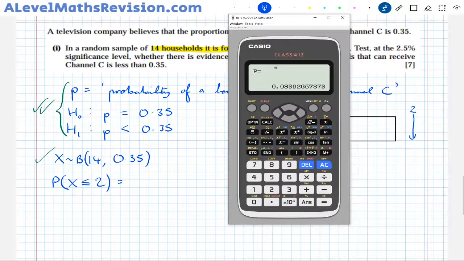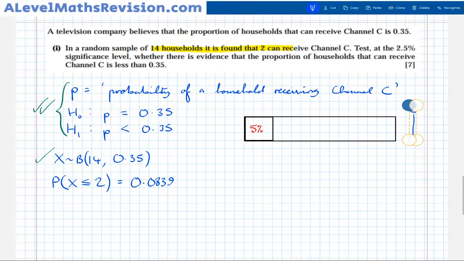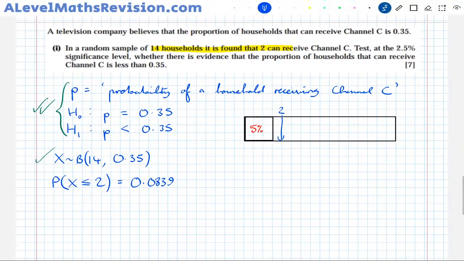We see that 8% of probability is to the left, 0.0839. So if 8% of probability is to the left of that, it's just outside of our rejection region. A mark for that.